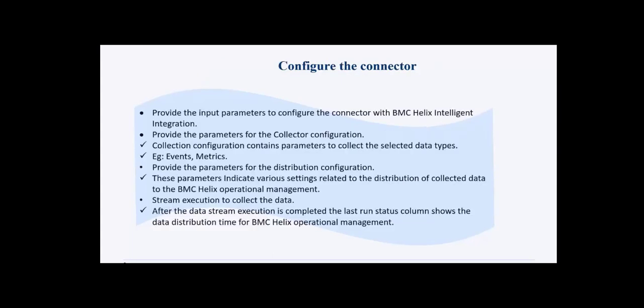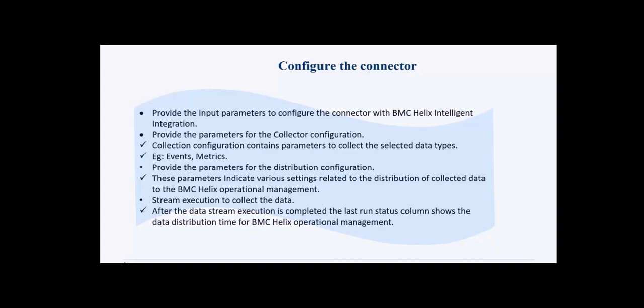How to configure the connector? During the configuration, you need to provide various parameters such as host name, username, and password. While configuring those, make sure the required roles and permissions are assigned to the user. During the connector configuration, you can see the collector configuration and distributor configuration.